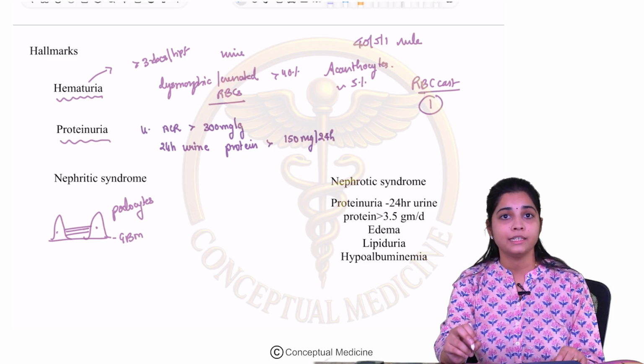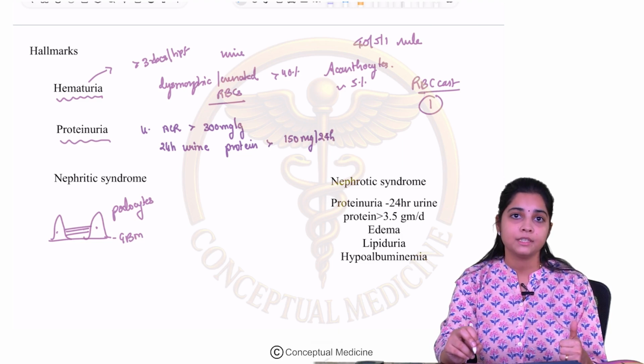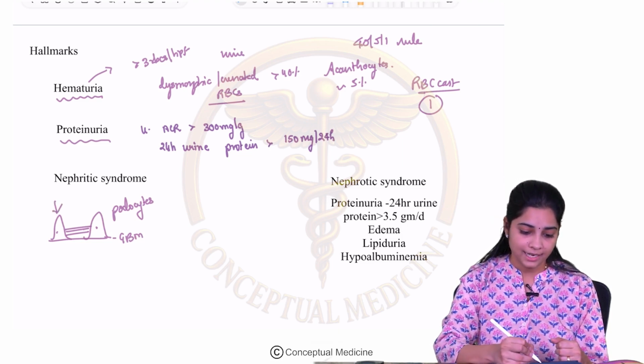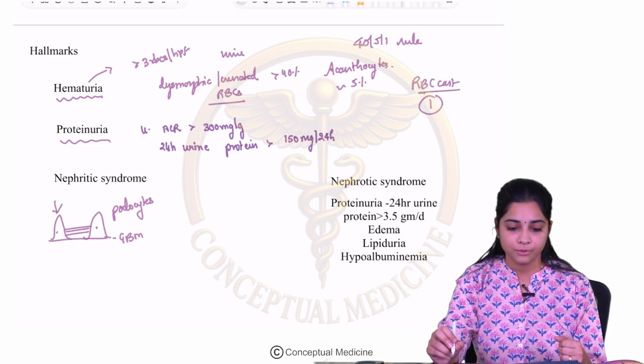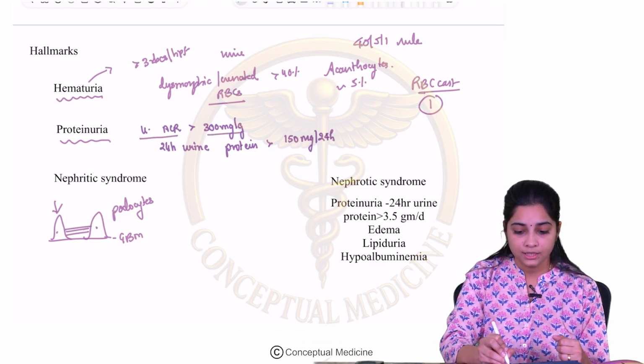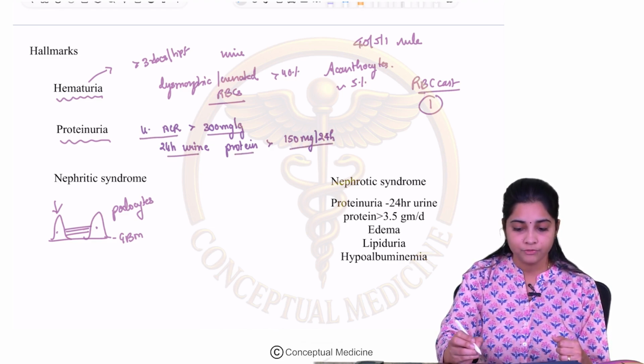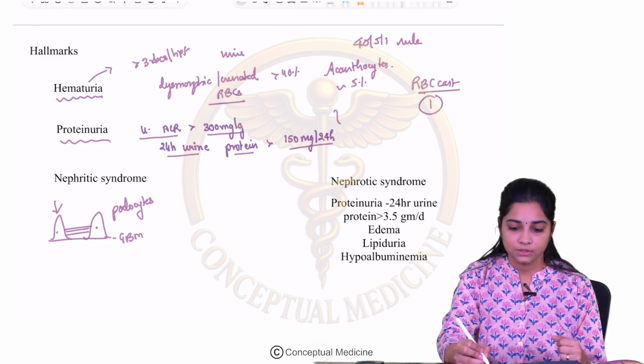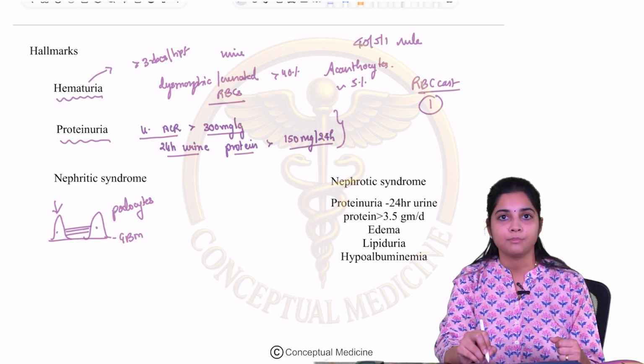These ensure that proteins do not leak. Whenever there is a glomerular pathology, there is damage to these podocytes and you can have proteinuria. A urine albumin creatinine ratio of more than 300 mg per gram, or 24-hour urine protein of more than 150 mg in 24 hours, suggests a glomerular pathology.